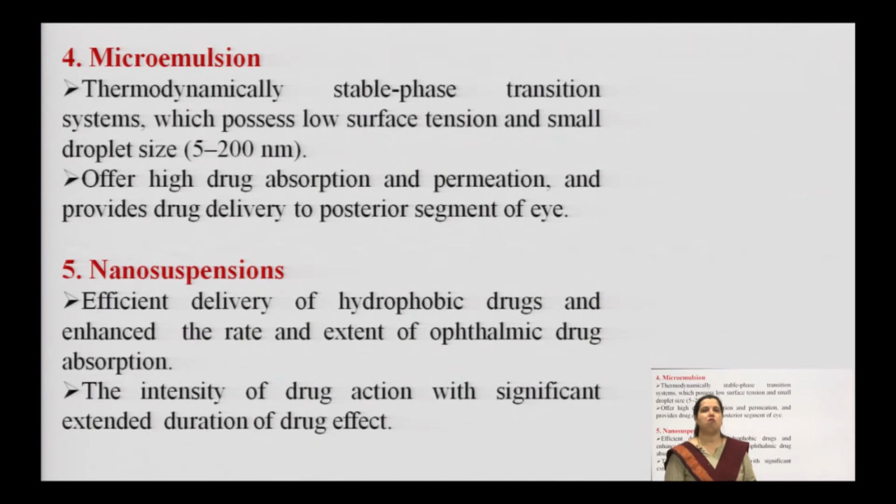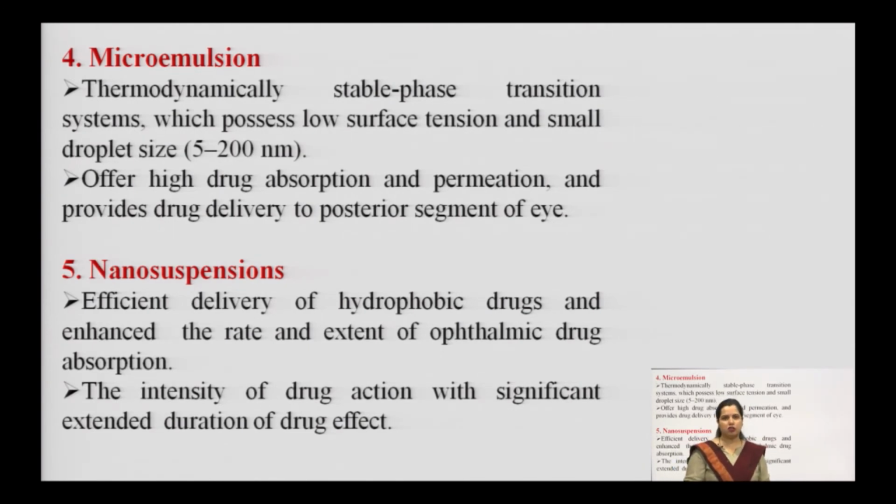Fourth one is microemulsion. Again, vesicles are present. You see the size is between 5 to 200 nanometers, which may be varied depending on the type of drug you are using.